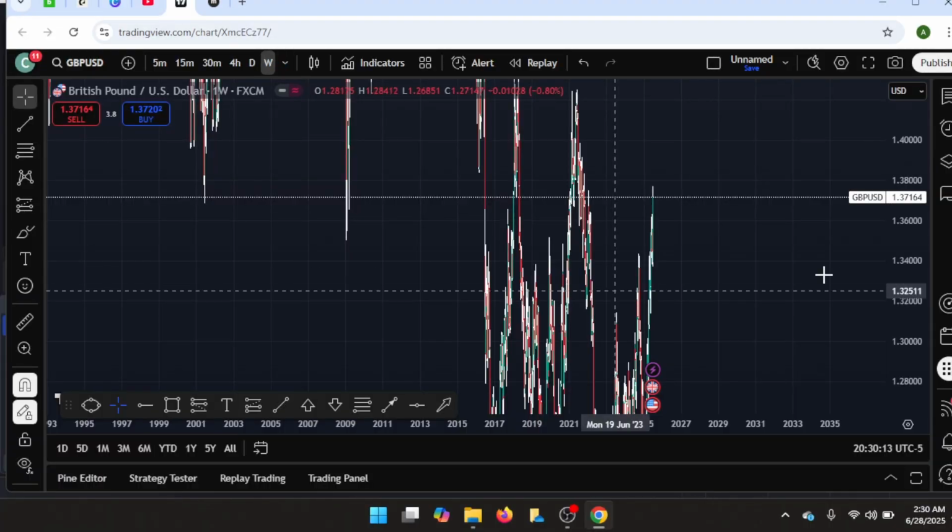Why I use the weekly time frame, it gives me a broader picture of where the market will be heading, though within the next 1 or 2 weeks. In that, it will guide me on how to take my trades when I come down to 4 hours and the 30 minutes. This is the weekly time frame.